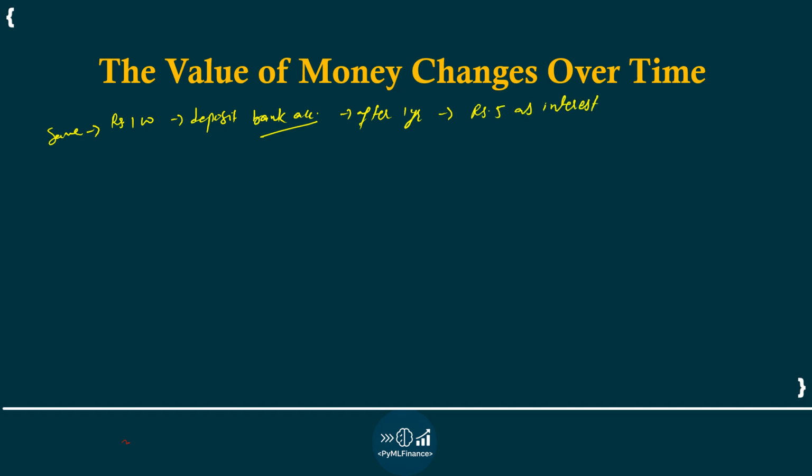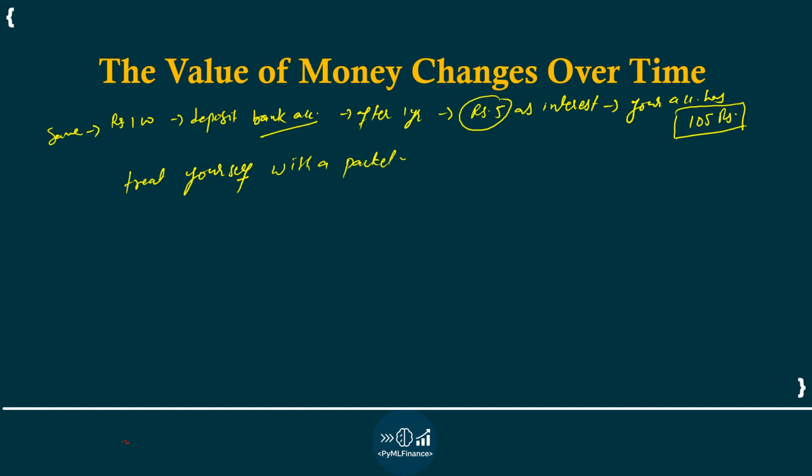Now your bank account has 105 rupees. You were excited by earning this 5 rupees, and hence you decided to treat yourself with a packet of biscuit.